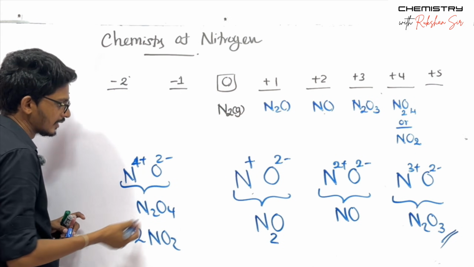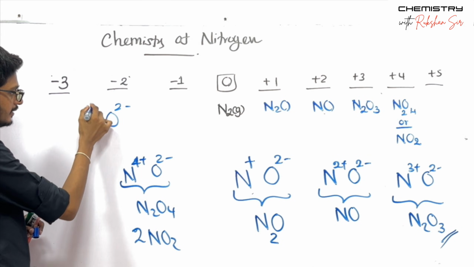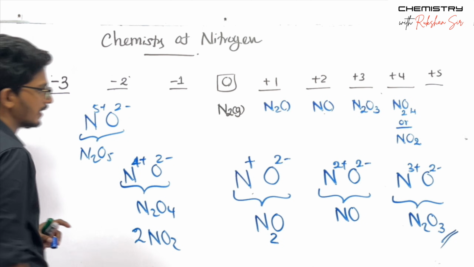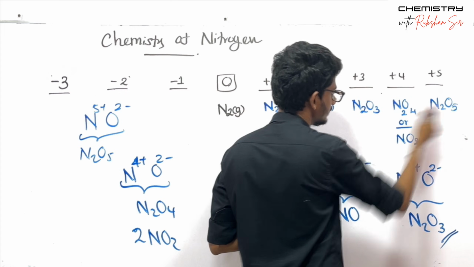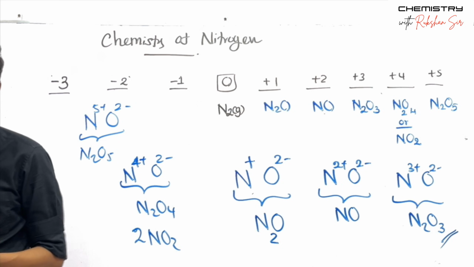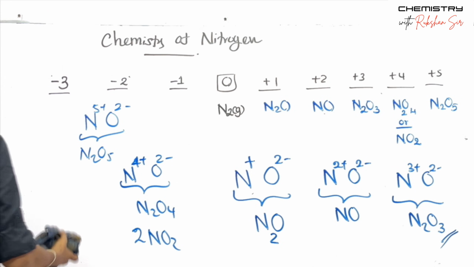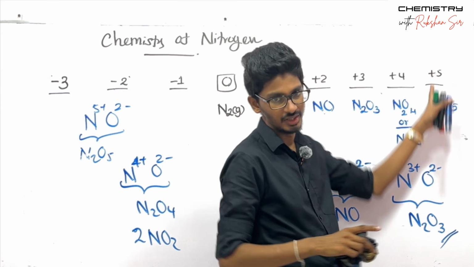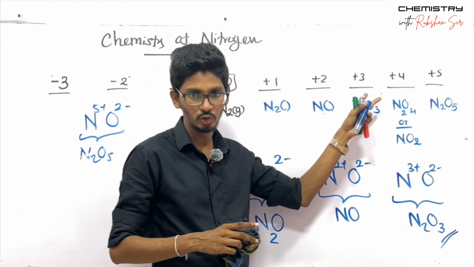As for +5, with 2 minus and 5 plus, it is N2O5. N2O5 is the +5 oxide. So as examples for positive oxidation states, you can come up with the oxides. Those are the easiest examples to come up with. You can also use HNO3, NO3 minus, no worries here, or HNO2, NO2 minus salts.